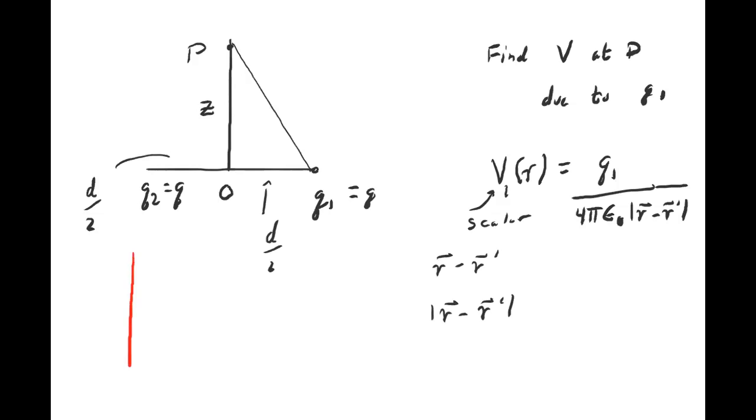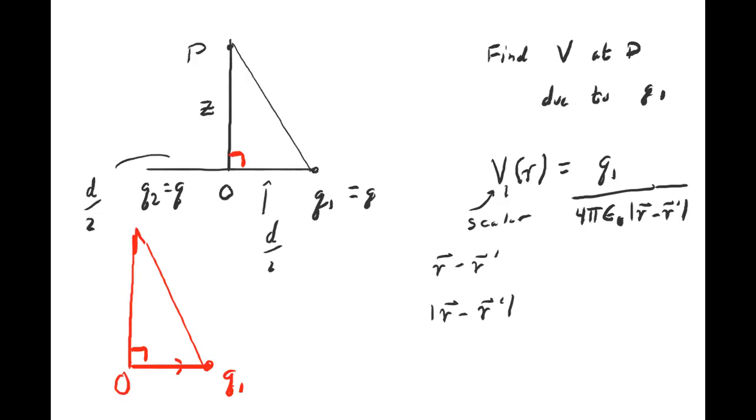Let me draw another figure. I don't have to draw on the original figure. These guys are right triangles. Here's my origin. Here's my charge Q sub 1.